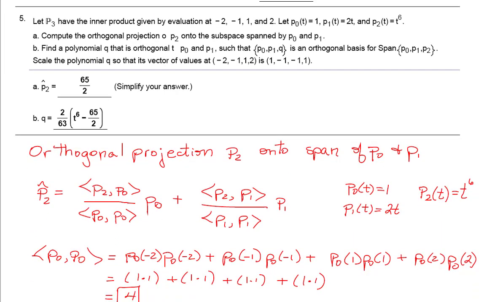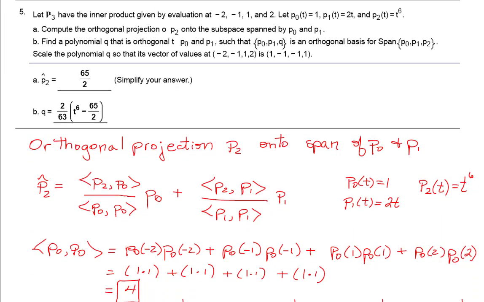All right, now in question 5, slightly different. We're evaluating at -2, -1, and 1. We're in the space P3, the polynomials of degree 3. All right, and so we are forming the orthogonal projection onto the subspace.